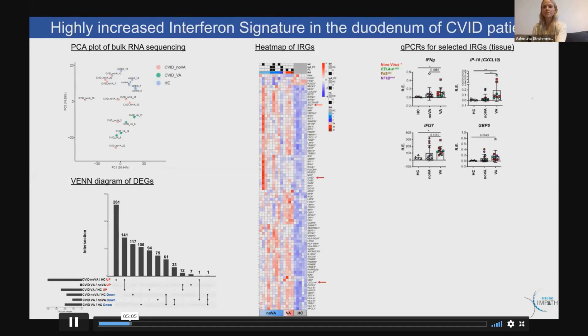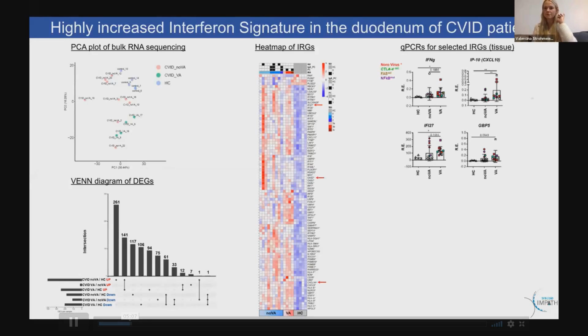We also double-checked 4 of those genes by qPCR, which were published as potential biomarkers in celiac disease. We also observed a significant upregulation of interferon gamma, IFI27, and GBP5 in the villus atrophy group compared to healthy controls.